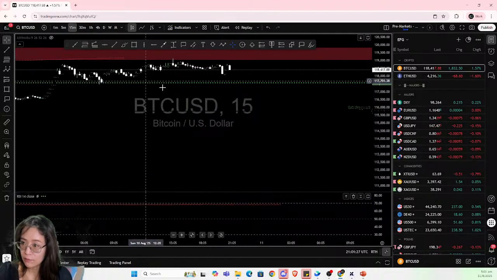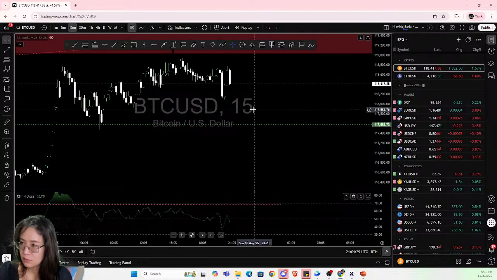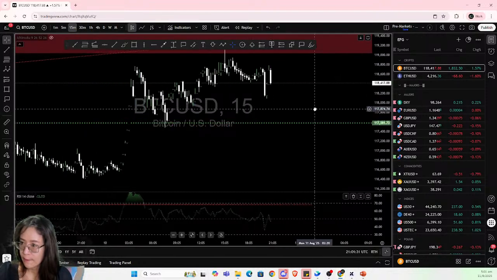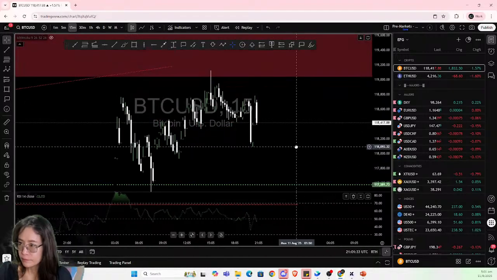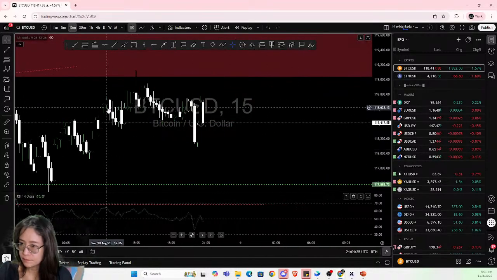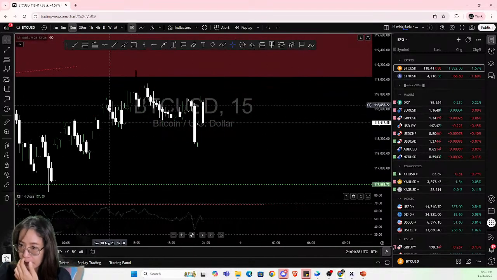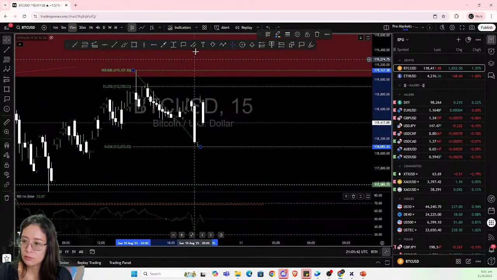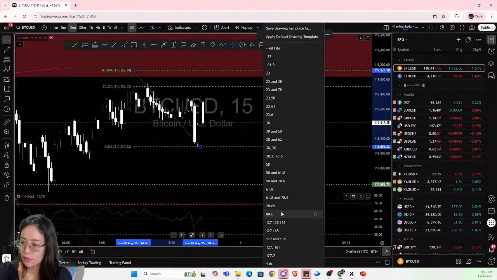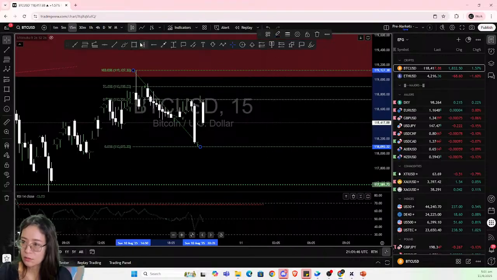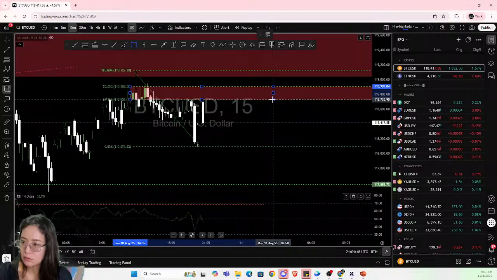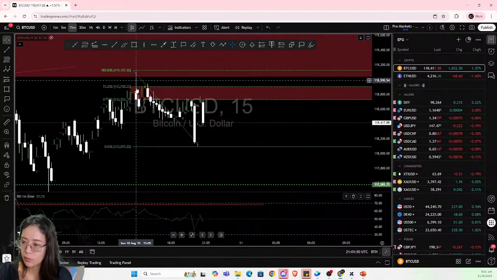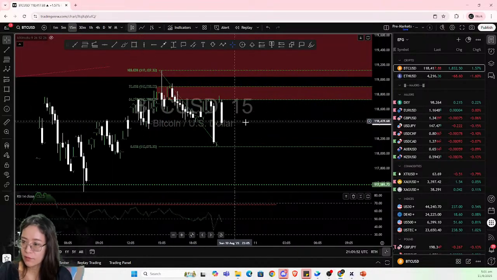Let me go to M15. This is the sell zone, 61.8% to 78.6%. So basically this is the sell zone here. Your stop loss above this wick if you trade in a lower time frame.